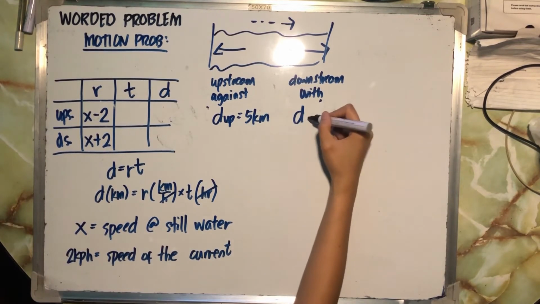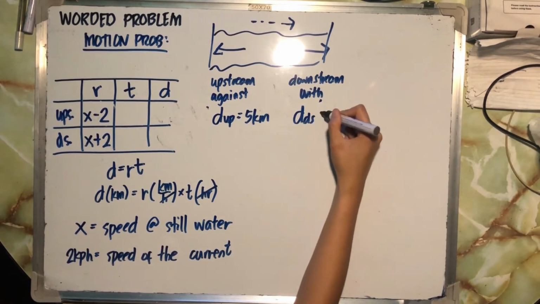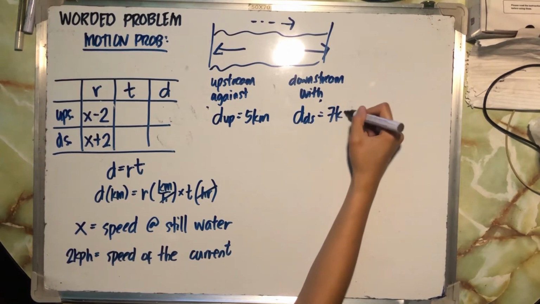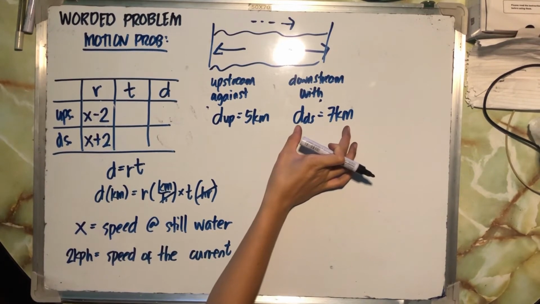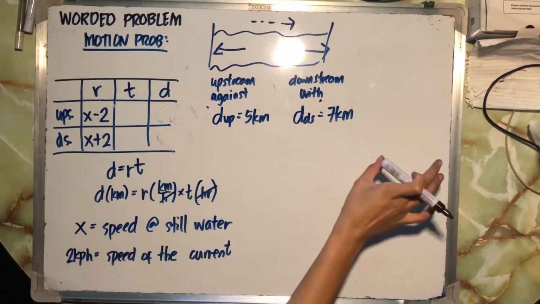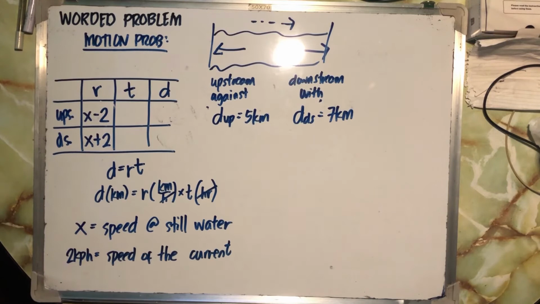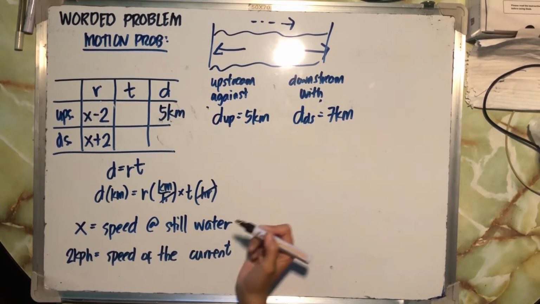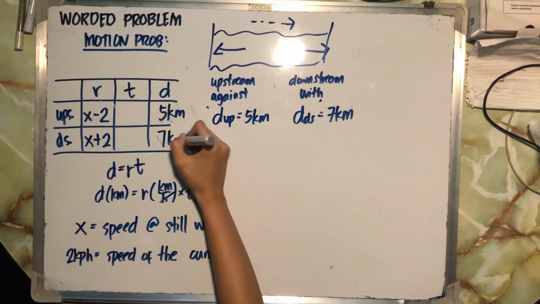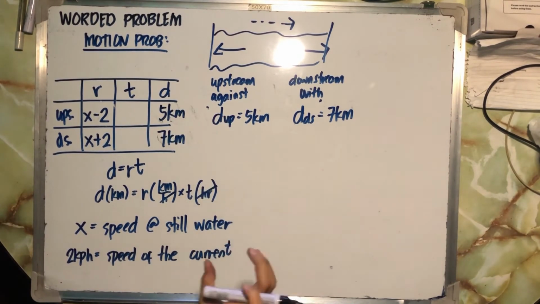Kasi ang itatravel daw niya downstream is 7 kilometers. Okay? Siyempre, mas malayo yung matatravel niya downstream kasi nga mas mabilis yung magiging movement niya doon because it goes with the current. So, lagay ko dito, 5 kilometers sa ating upstream, 7 kilometers sa downstream, na parehong oras daw nilang itatravel yan.